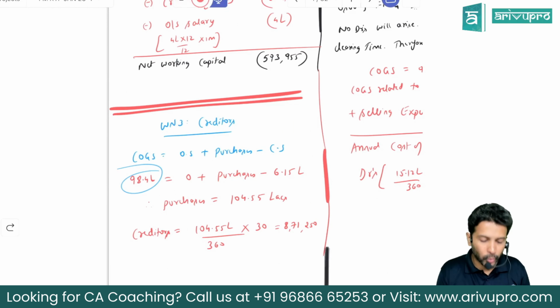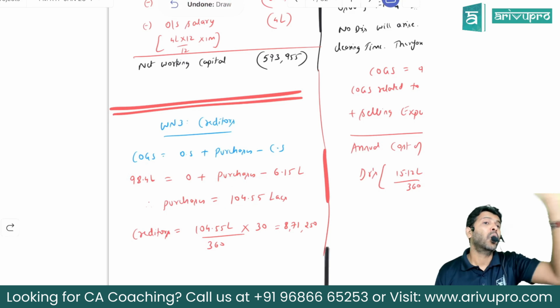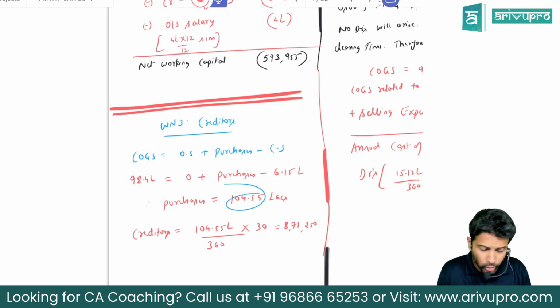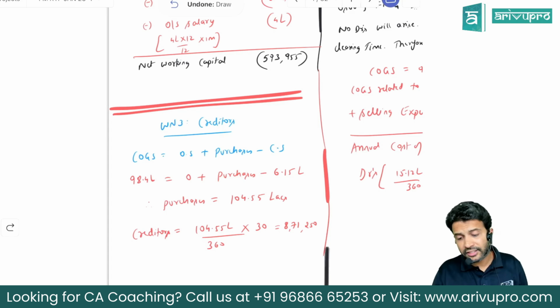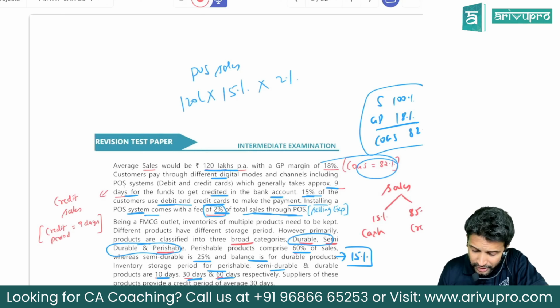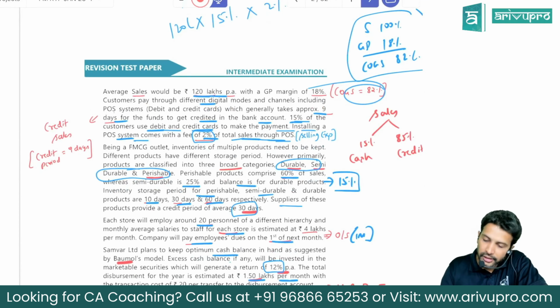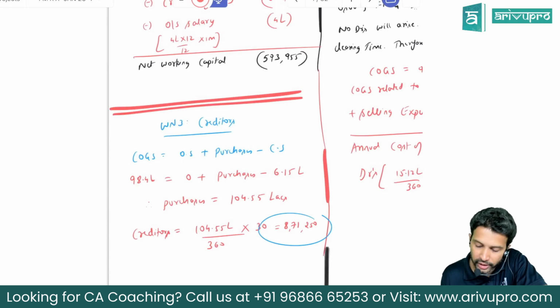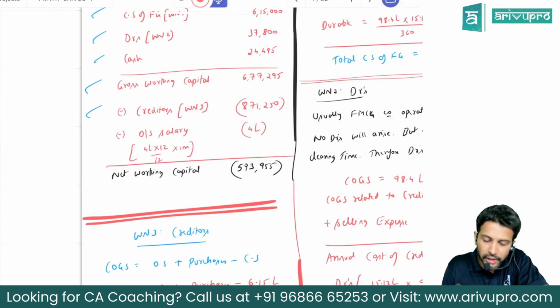This is for the whole year, 360 days. Do we get 360 days credit from our customers or from our creditors? Suppliers, meaning our creditors, give a credit period of 30 days. So for 30 days, pro rata, you will get 8,71,250. Correct now? That is your creditor balance which we have put up over here.